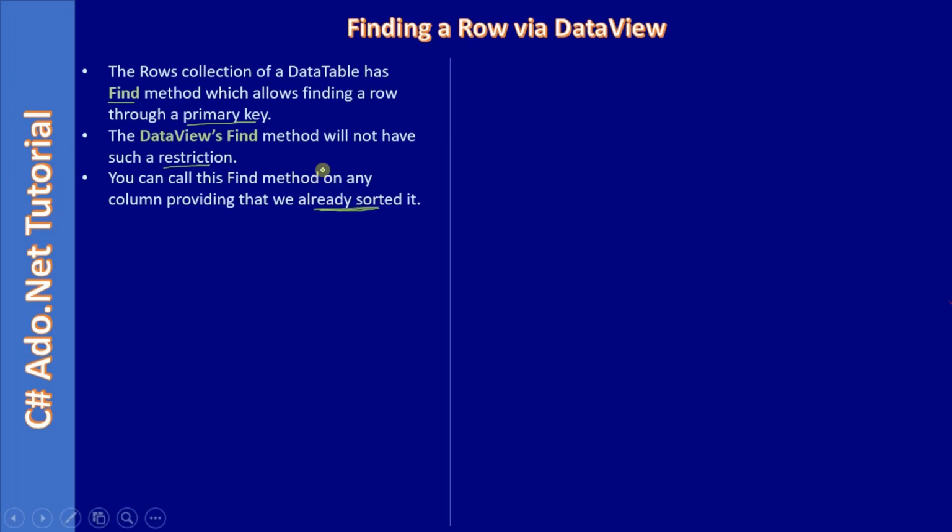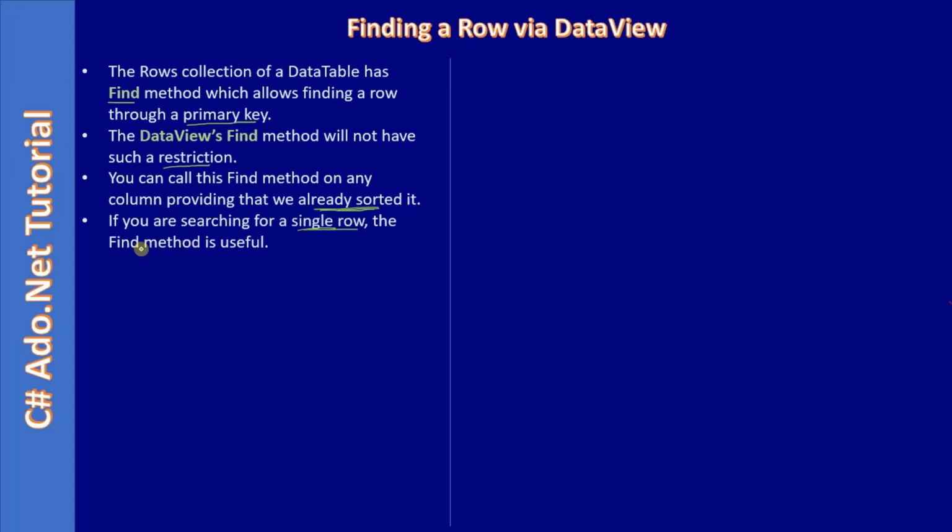So if you are finding a row based on a specific column, we should first sort that column. After that, we can employ the find method on the DataView. If you are searching for a single row, the find method of DataView will be useful.